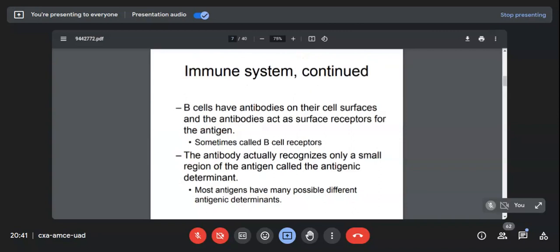Okay. So now, going back to what I was saying, antibodies which are found on the cell surface of the B cells act as the surface receptors for the antigen. If you remember nicely, under innate immunity, we had the PAMPs and the DAMPs, isn't it?